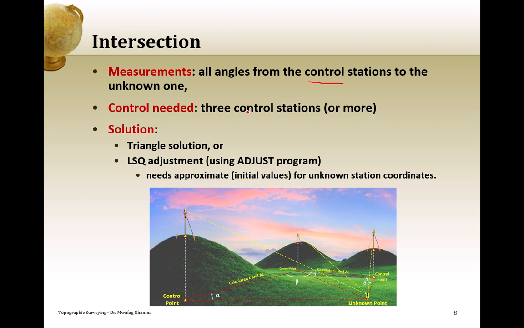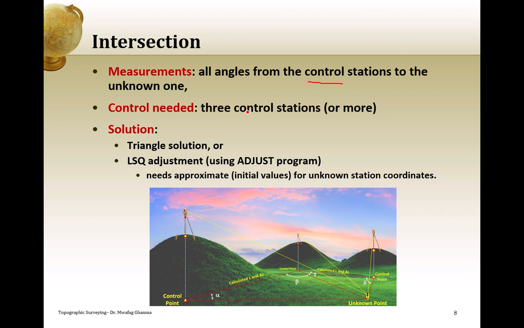The triangle solution, it is like a stepwise and a procedural solution based on different theories, based on different methodologies. Sometimes we'll do it from different routes and we will have different answers. The least square, it is one integrated method. We'll get one answer from all the processing and it will give you the best.